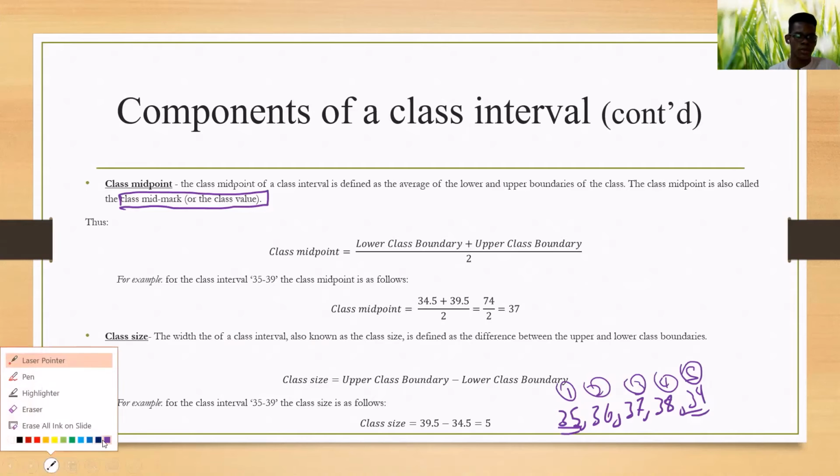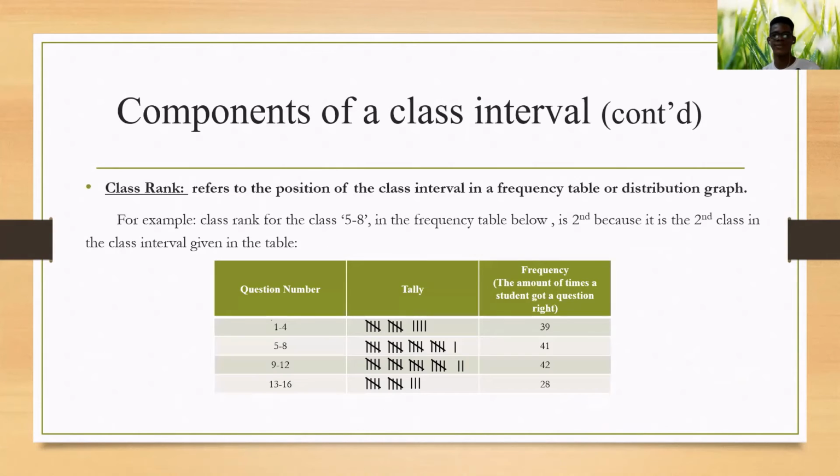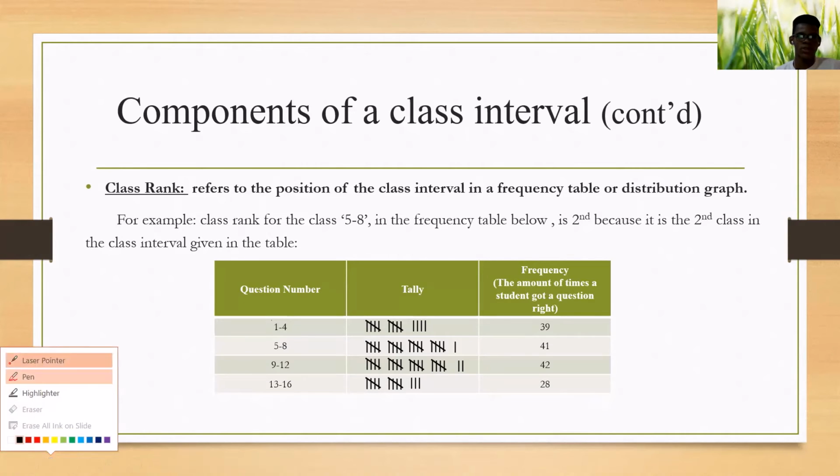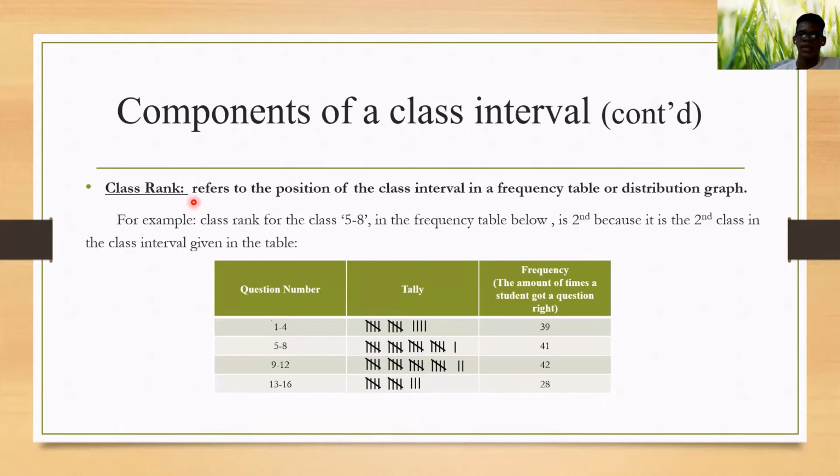And for our next term, let me put this down as well. Like Rihanna has already told us, the class rank refers to the position of the class interval. But where and relative to what? In the frequency table and relative to the other class intervals. So for the class rank, for the example below, we have our table from before, with 16 questions and 13 students. The class rank of this class interval, 5 to 8, in the frequency table below is second, because it's the second class interval given in the table.